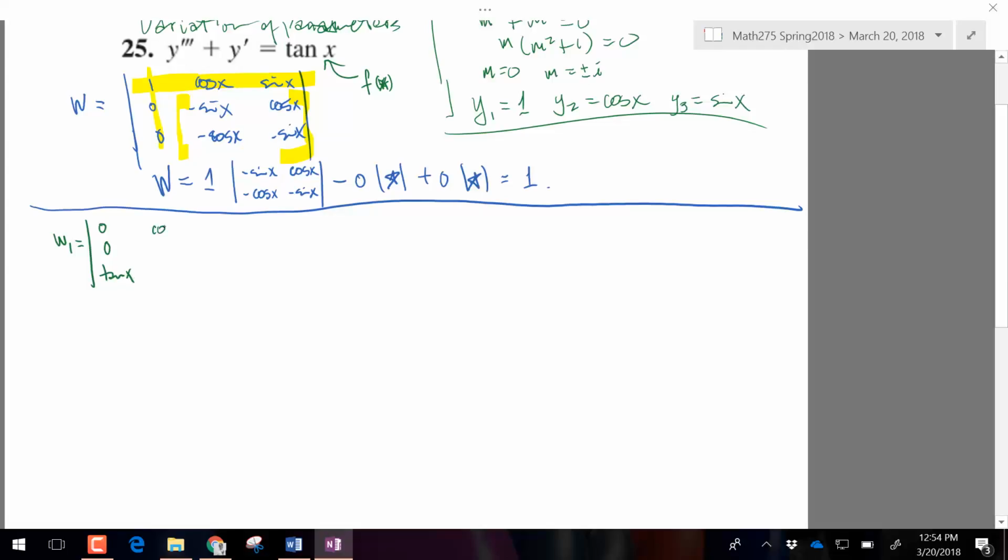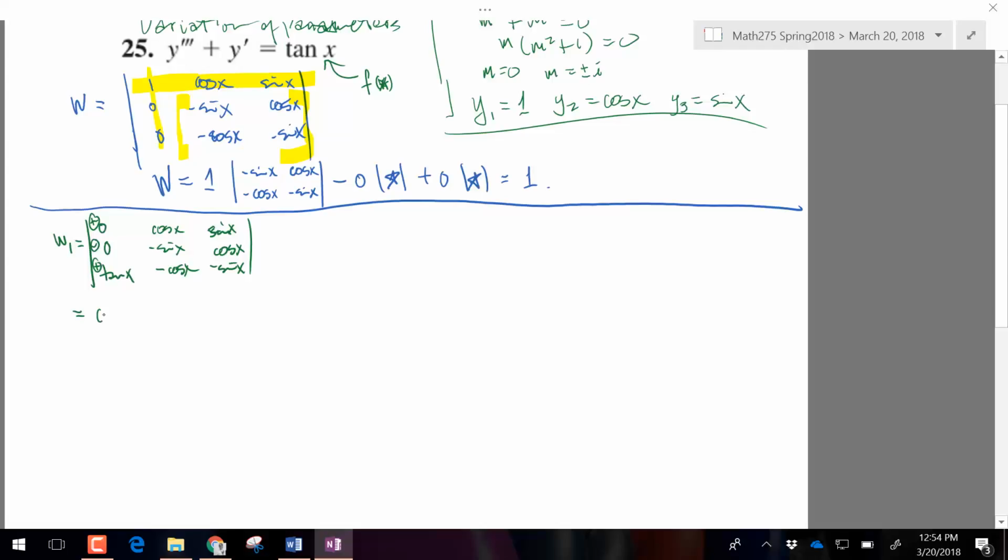So we've got cosine x, sine x, minus sine x, cosine x, minus cosine x, minus sine x. If we figure this out, again expanding on the first column, this is a positive, a negative, and a positive.